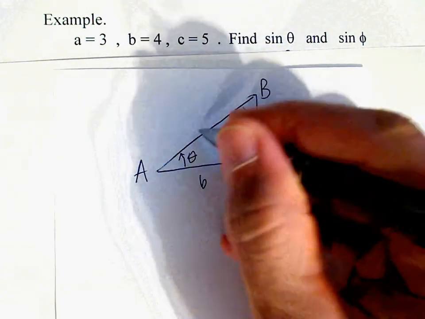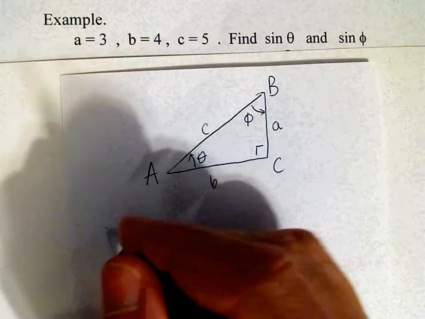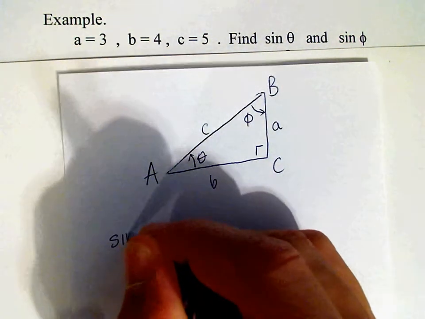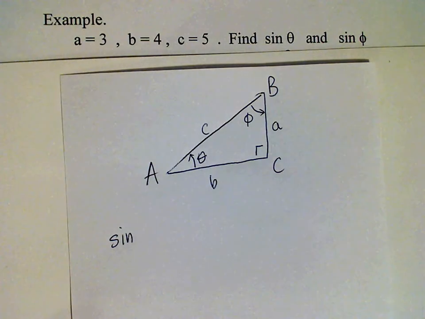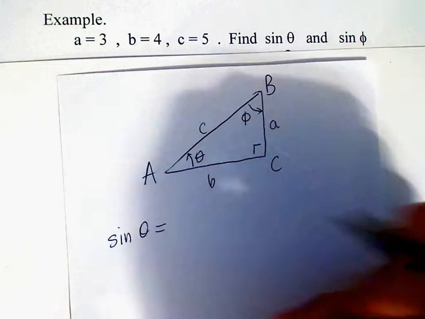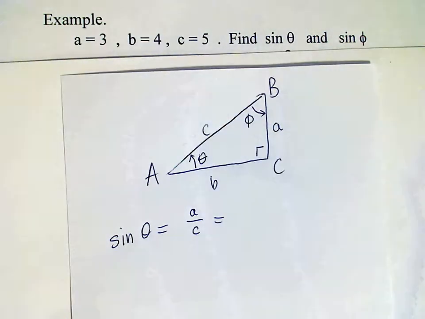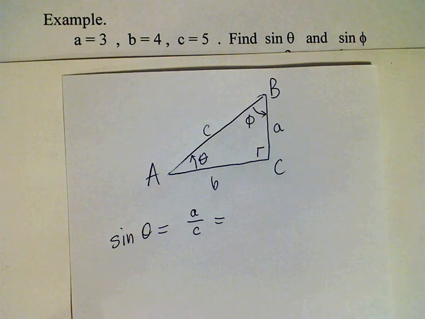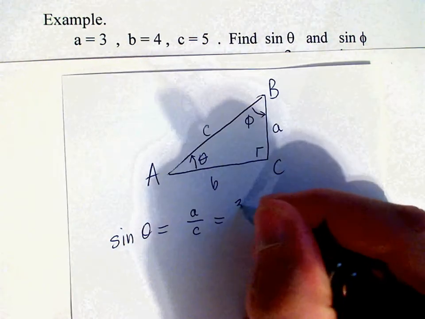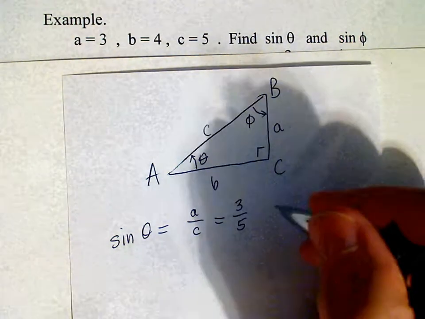And here's side a, side b, and side c. And we saw that the sine ratio is defined to be the ratio of the side opposite to the hypotenuse. So for theta, we have a over c. In this case, we're given a is 3 and c is 5, so the answer is 3/5. That's all there is to that.